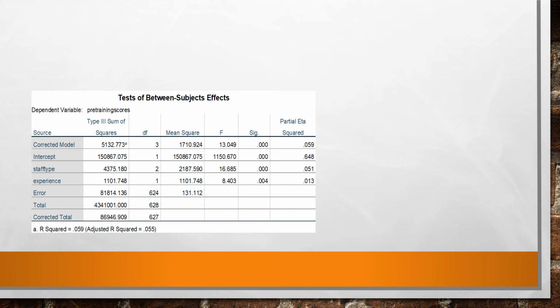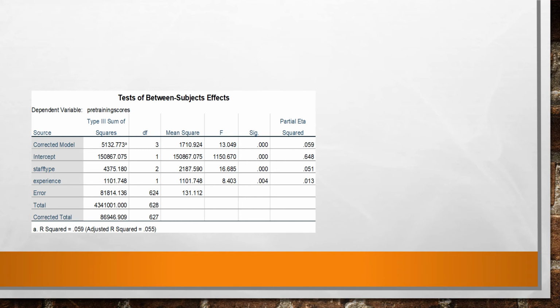Next slide here. In this slide I tested the dependent variable, pre-training, and as I stated, I split it up with the independent variable, which in this case is staff type. In this slide, staff type is pretty much the same as in all test theories, being less than 0.05, with a rejection of the null hypothesis and being significant.